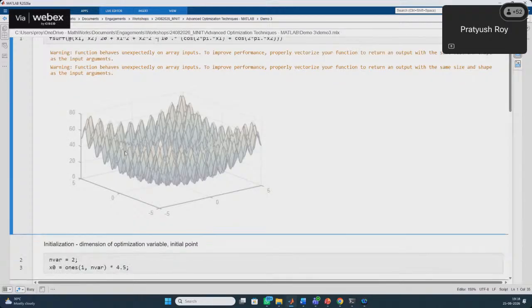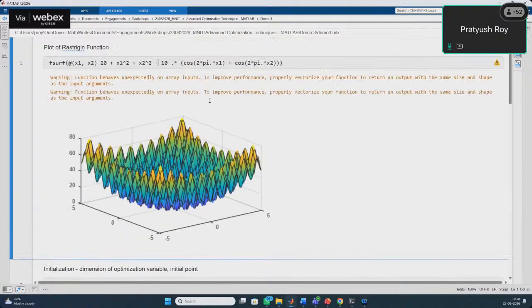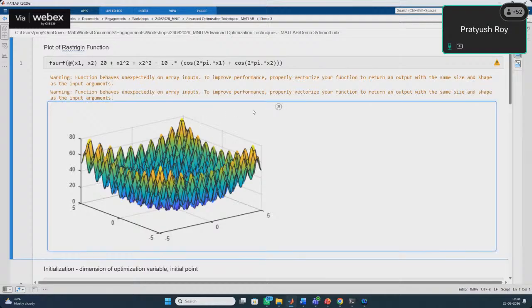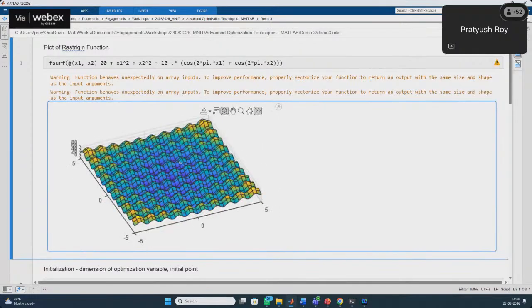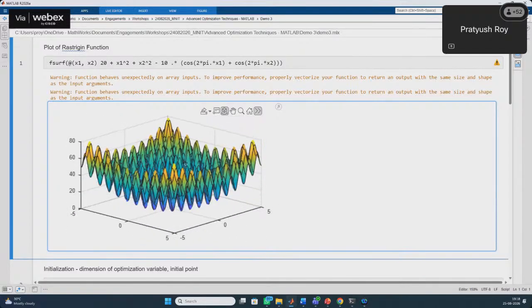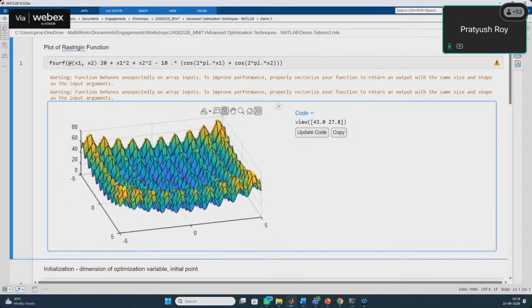Okay, so this is the plot. We saw it yesterday as well. It's this non-smooth, very rough sort of terrain. If I rotate this here and there, you will see that it's pretty rough. Okay, it's like one of those ice trays that we have in our homes, right?